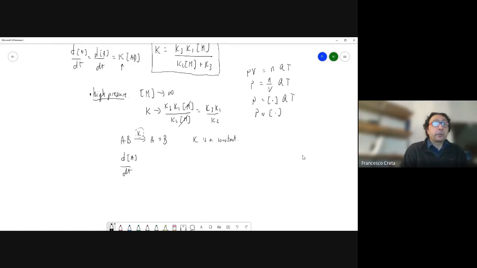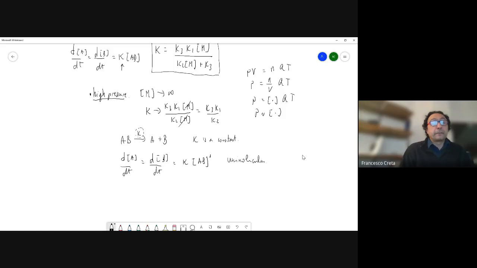dA by dt, I'm just rewriting it here for the second time. dB by dt is equal to K AB, right? So K is a constant. So this is a unimolecular process, okay?